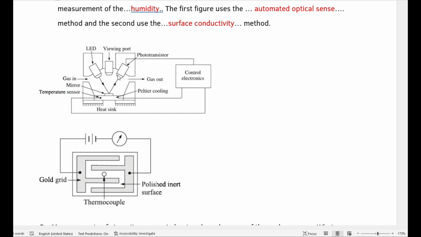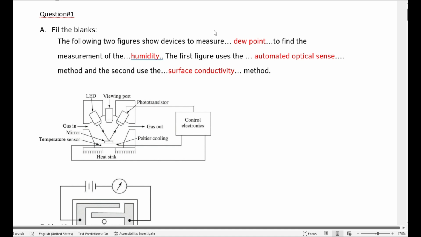The reflection will be measured by this phototransistor, and the viewport will see the reflection angle. And here there is a temperature sensor to compare the temperature of this mirror. It will be cooled down in order to make condensation of water drops on the surface of this mirror.